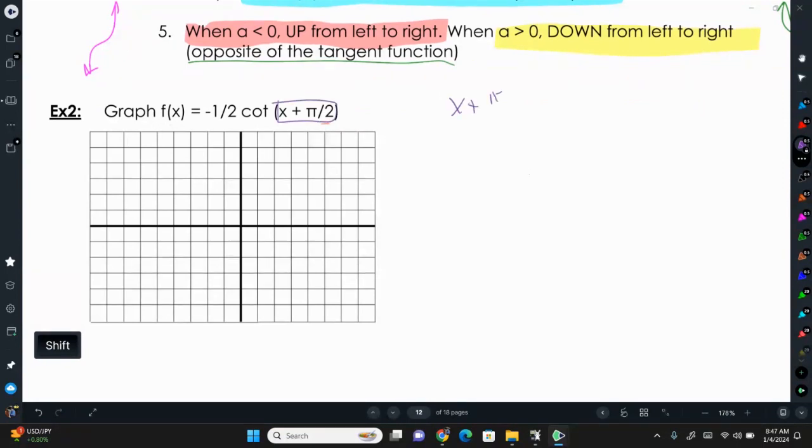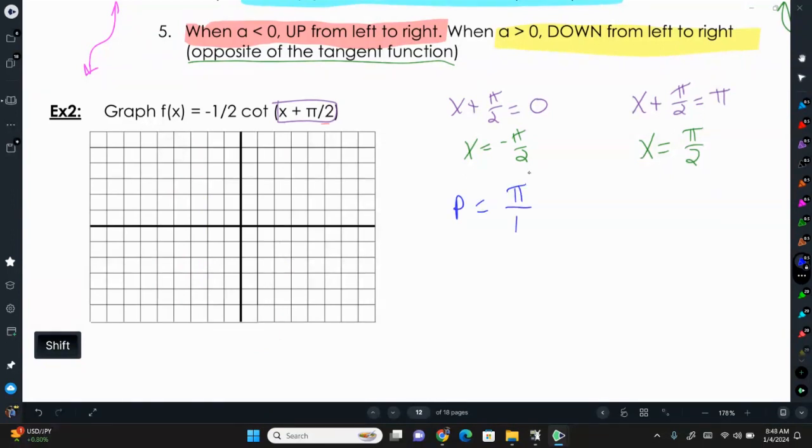So x plus pi over 2 equals 0, and x plus pi over 2 equals pi. And then we're going to solve that. Subtract pi over 2, we get x equals negative pi over 2. And then if we subtract pi over 2 from this one, we get x equals positive pi over 2. And then our period is going to be pi over b, pi over our b value of 1. So we have pi.